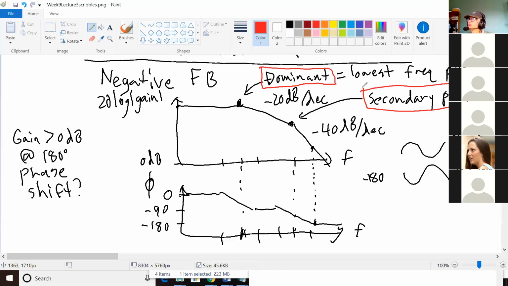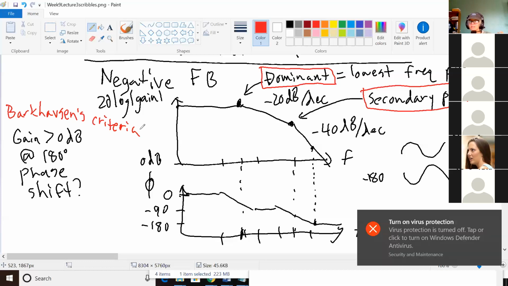This right here is what's called an unstable system. So when it violates Barkhausen's rule, this is Barkhausen's criteria. That if the gain's greater than 0 dB at 180 degrees phase shift, you're probably in trouble.